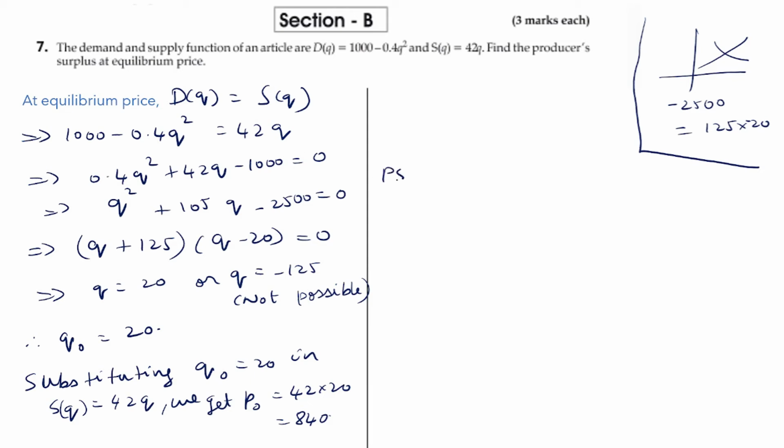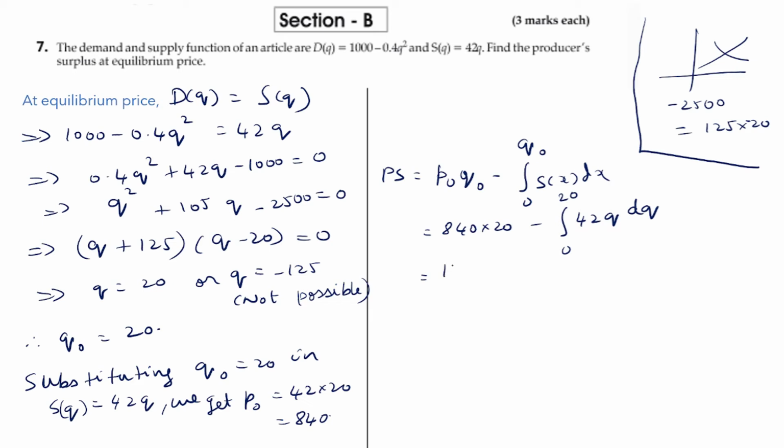So the producer surplus is given by P naught Q naught minus integral 0 to Q naught supply function dx. So here P naught is 840 into Q naught is 20 minus integral 0 to 20, supply curve is 42 Q dQ.